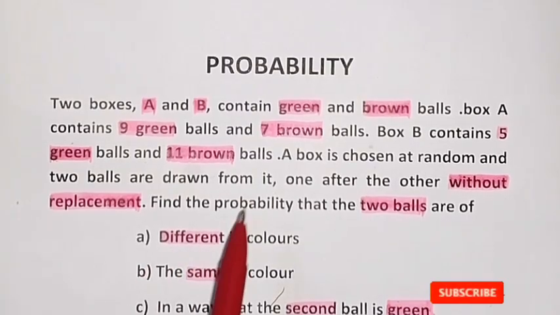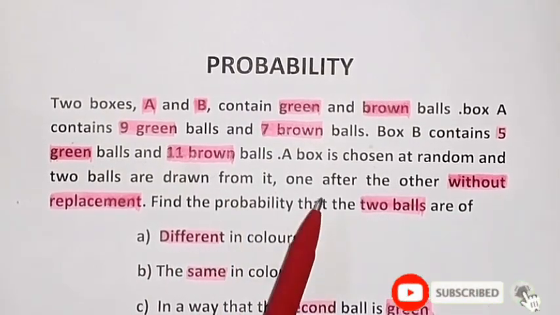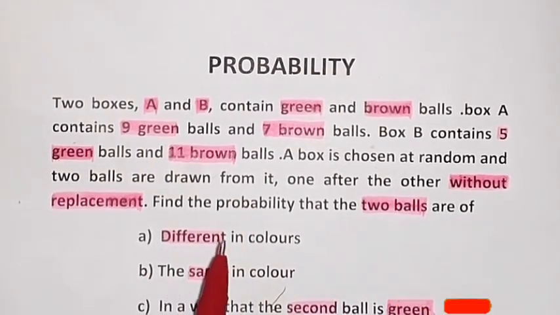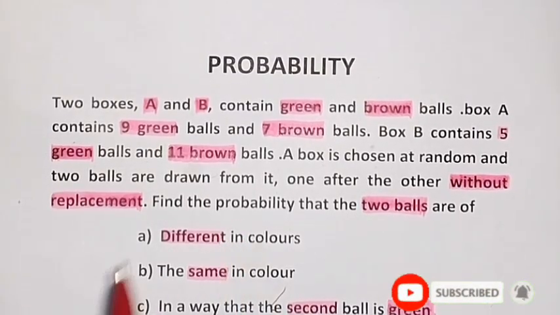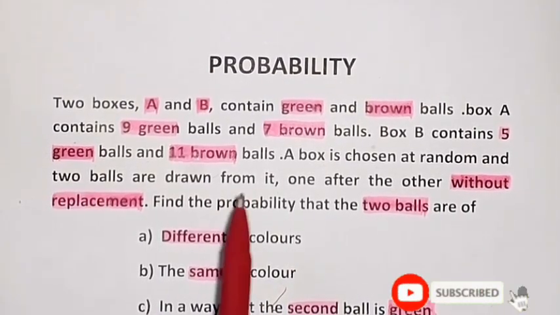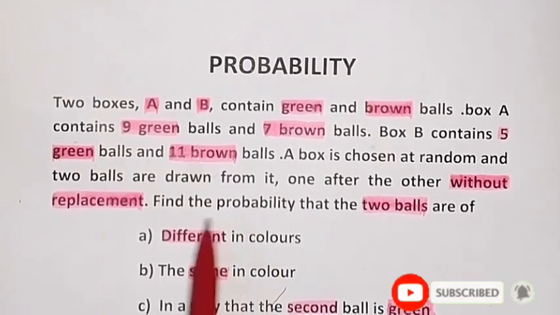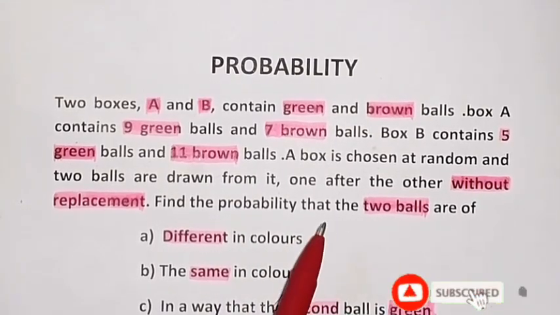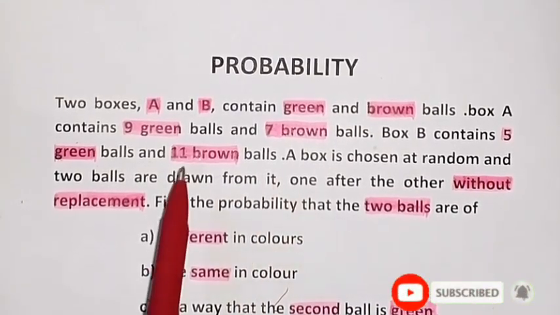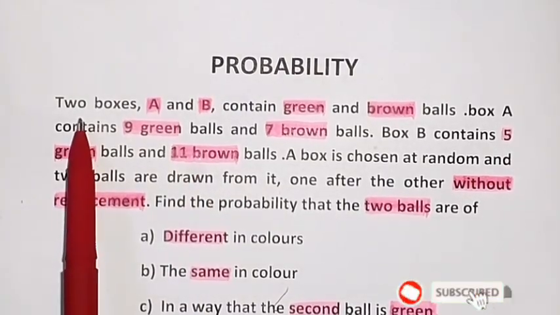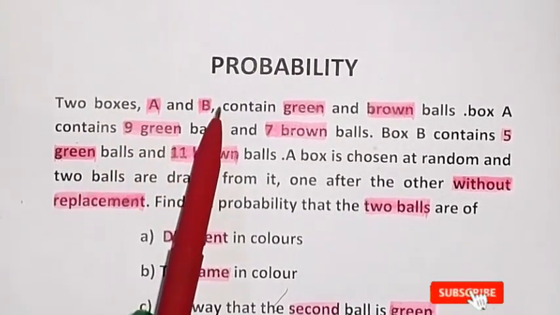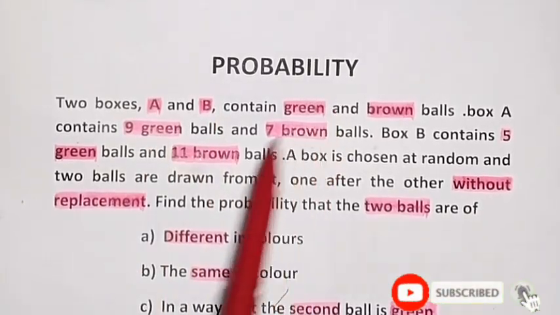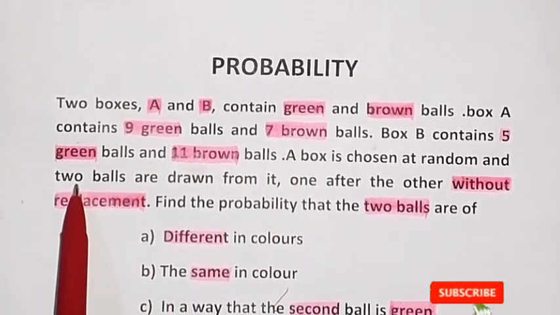To solve this probability problem, we need to first of all draw a tree diagram. And for us to draw a tree diagram, we have first of all to investigate the number of experiments that we have to solve this problem. The first experiment is to select a box, whether it is A or it is B. The next step is to pick the first ball.